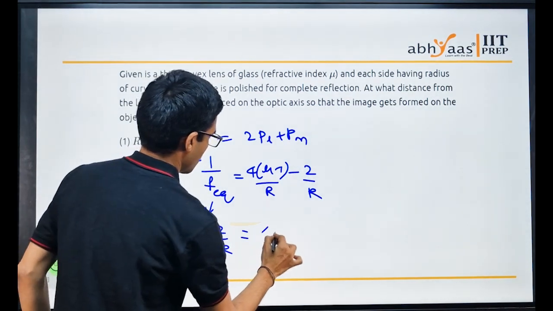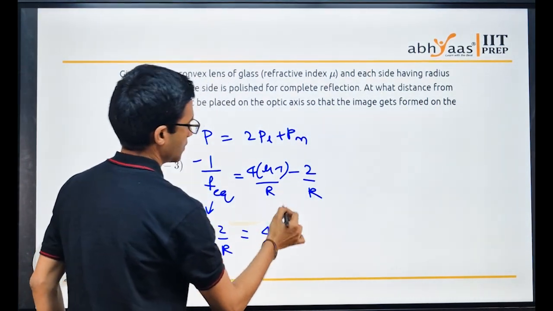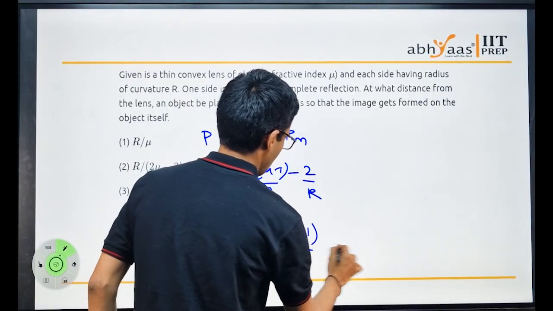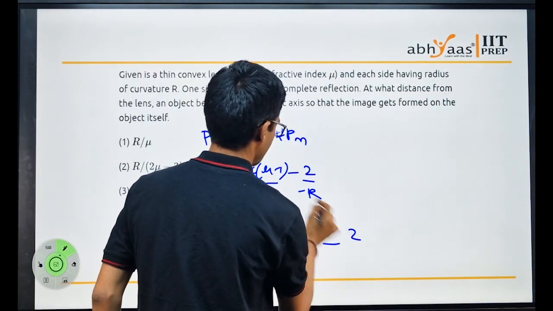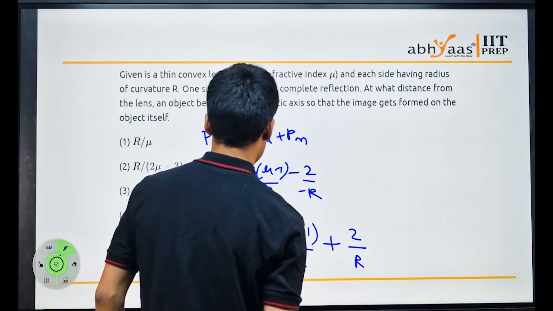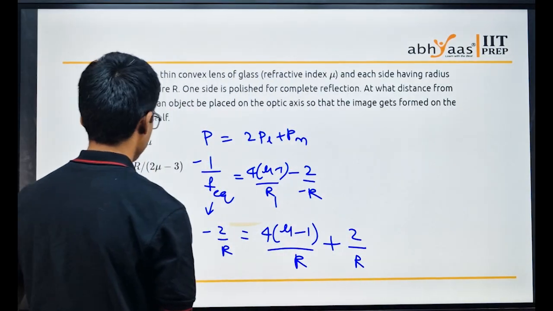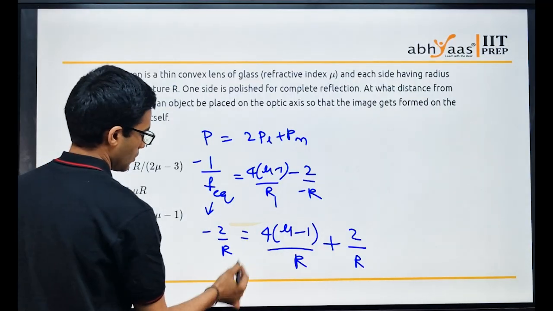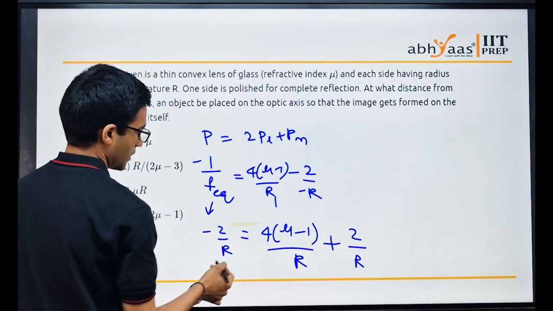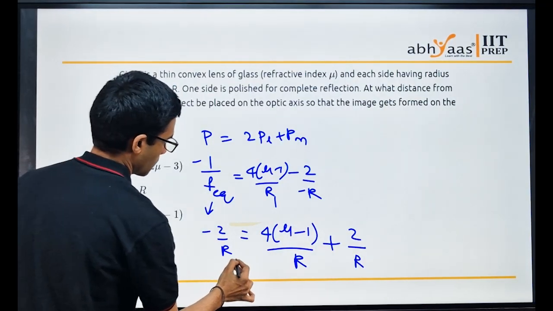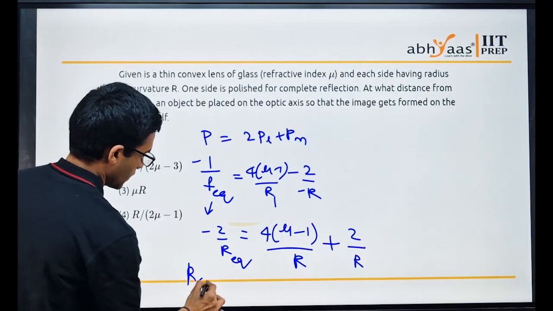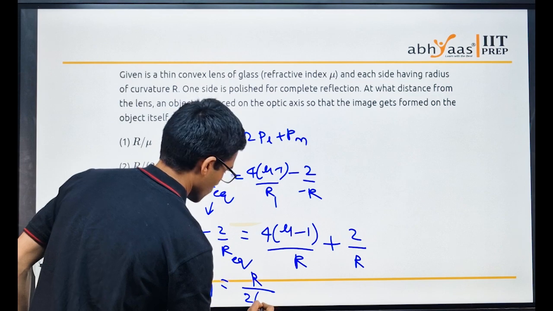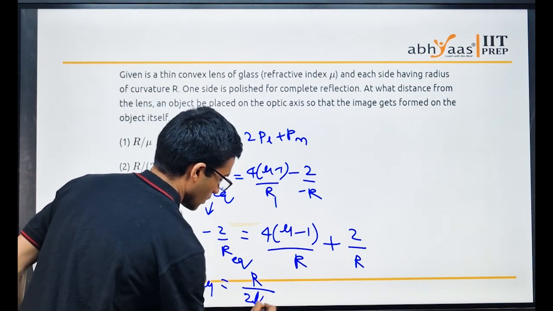So finally 4 into mu, if you consider this as r1 and this as r2, anything. So minus of minus, this is plus 2 by r. So at what distance? Here f equivalent equals r by 2. If you write in the reciprocal, this is for example r equivalent. R equivalent you will get by calculating this as r by 2 into, sorry, r by 2 (mu minus 1).